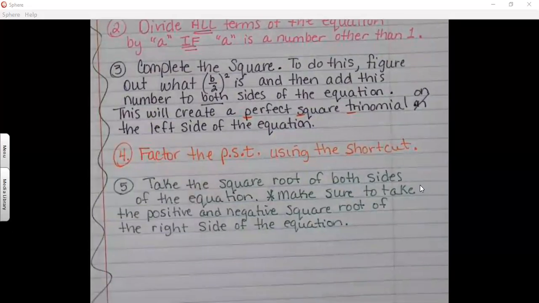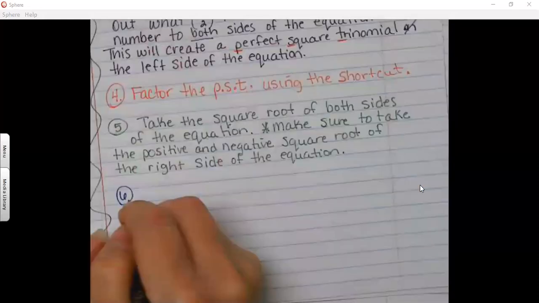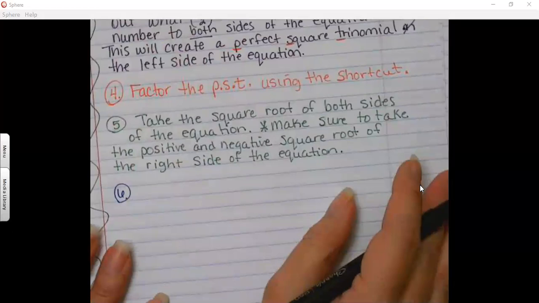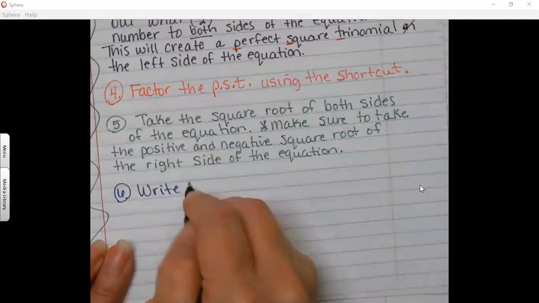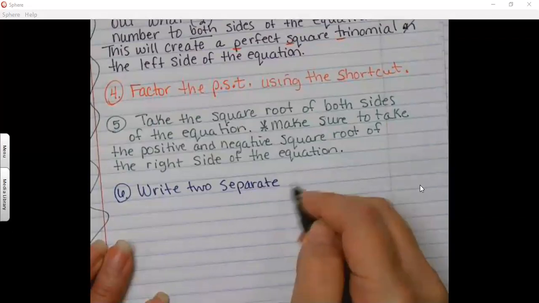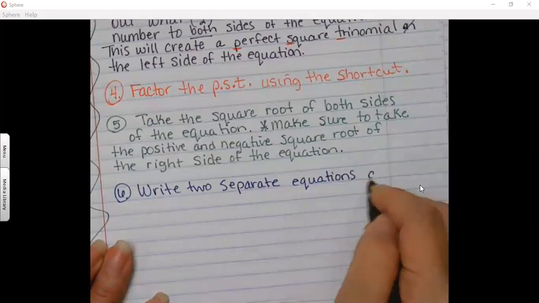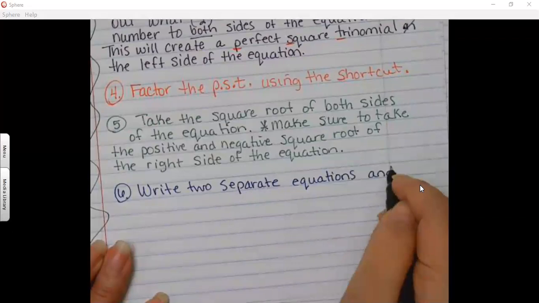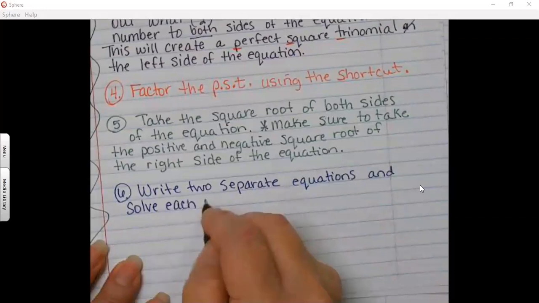Last step: write 2 separate equations and solve each one for the variable.